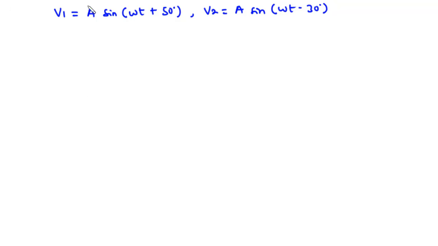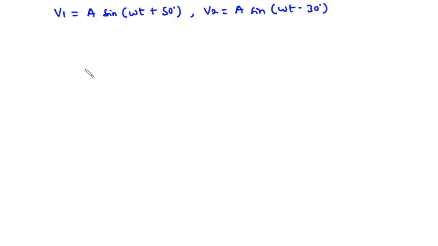Now we have A to be the amplitude of the signal, we have omega to be the angular frequency, omega t to be the argument, and then we have 50 and then negative 30 to be the phase angles of the two signals V1 and V2 respectively.